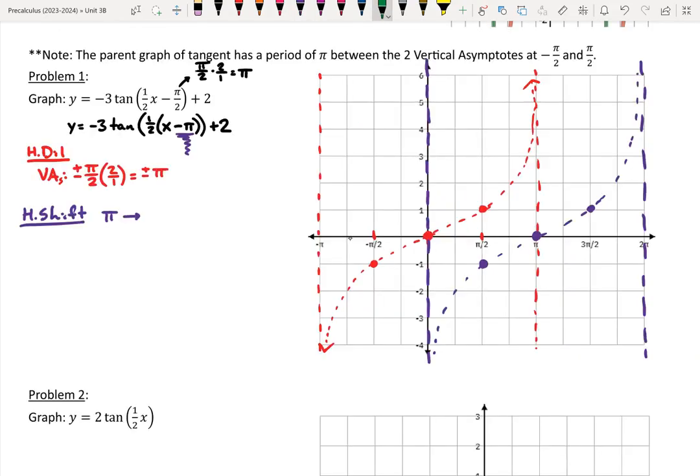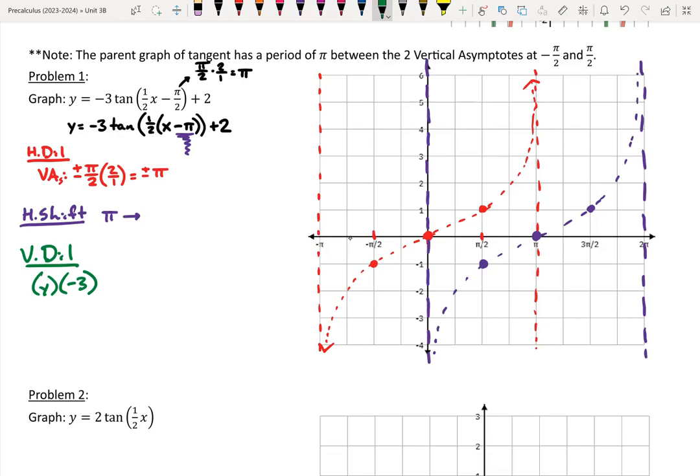All right, next is our vertical dilation, right? So what are we going to do for our vertical dilation? By the a value, and what's our a value? -3. So all our y values are going to get multiplied by -3. So that's not going to affect our vertical asymptotes. Those aren't going to change.